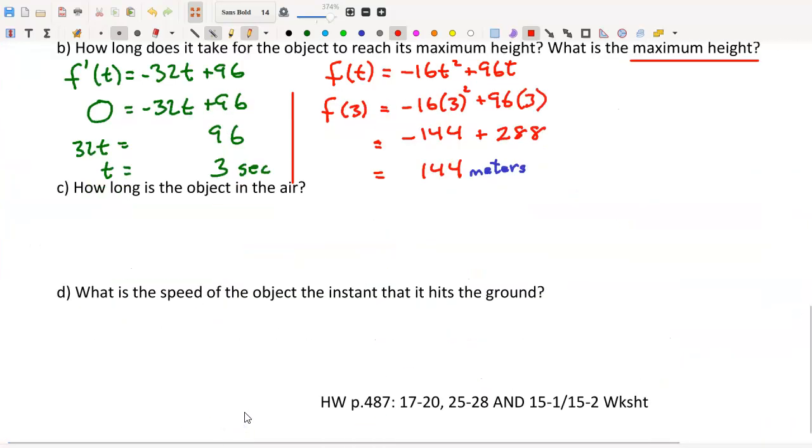So T sub air is going to be 2 times the time it takes to get to the top. So 2 times 3, 6. And then units, seconds.